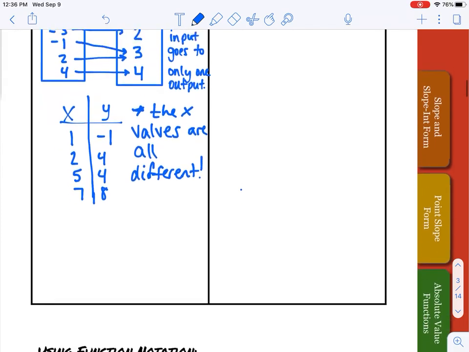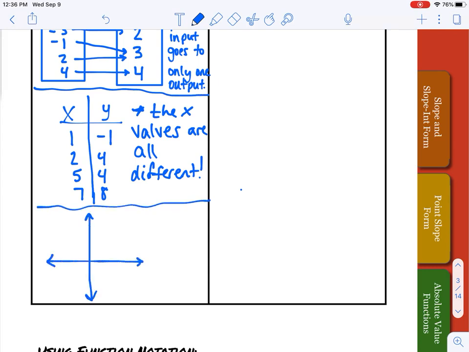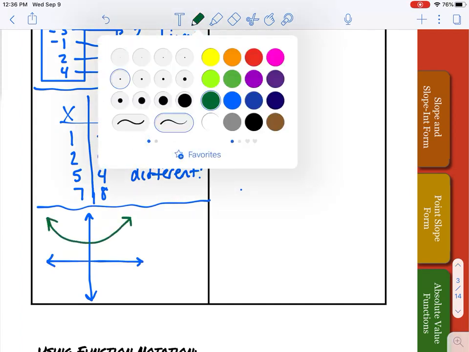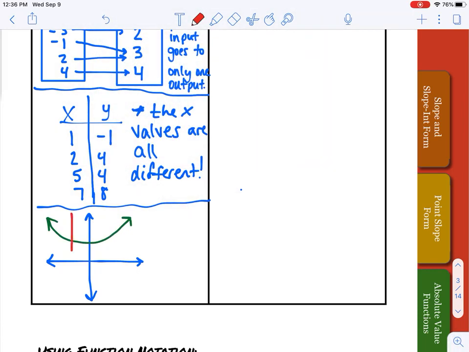And then lastly, we can look at a graph. We have something called the vertical line test. So if we have a graph and it looks like this, if we can draw a line that never crosses more than one point of our graph, it passes the vertical line test.